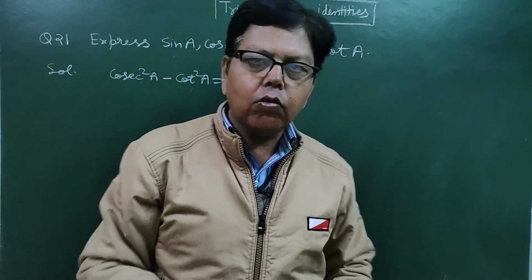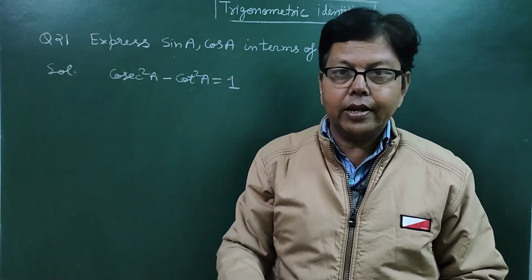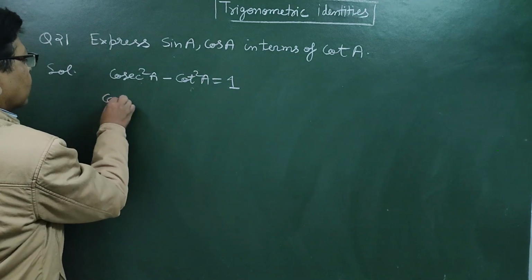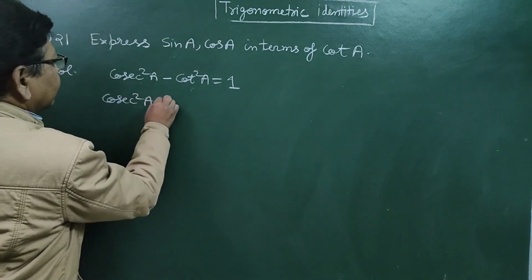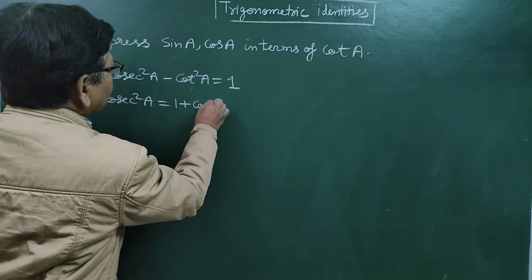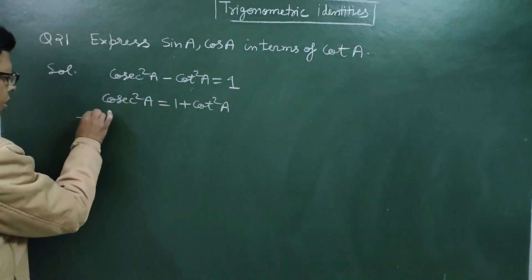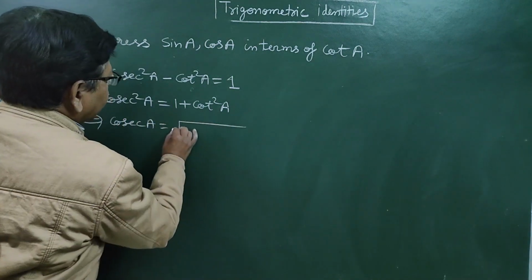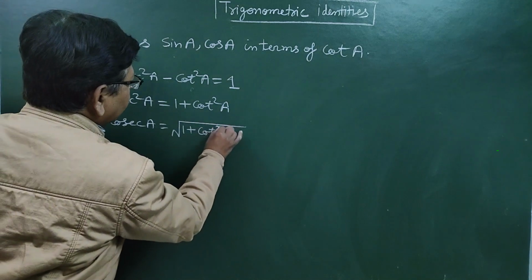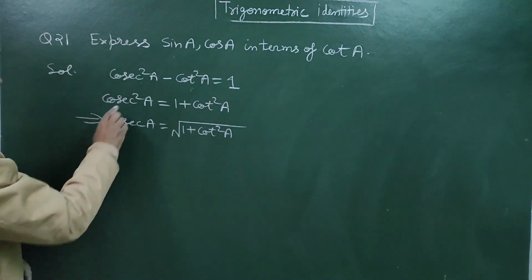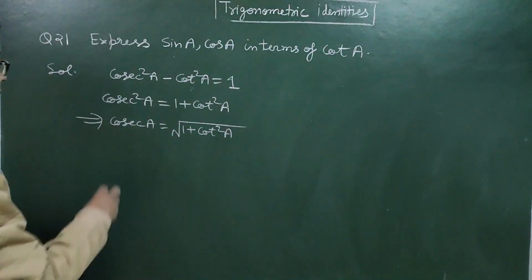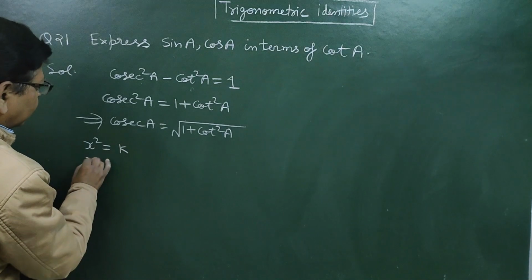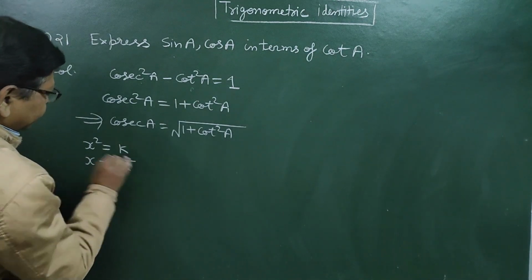If we get the value of cosec A, we can get the value of sin A. So transposing to the other side, cosec square A is equal to 1 plus cot square A, or cosec A is equal to under root of 1 plus cot square A. Why this square root sign? If you have x square is equal to some value k, then you know x is equal to square root of k.